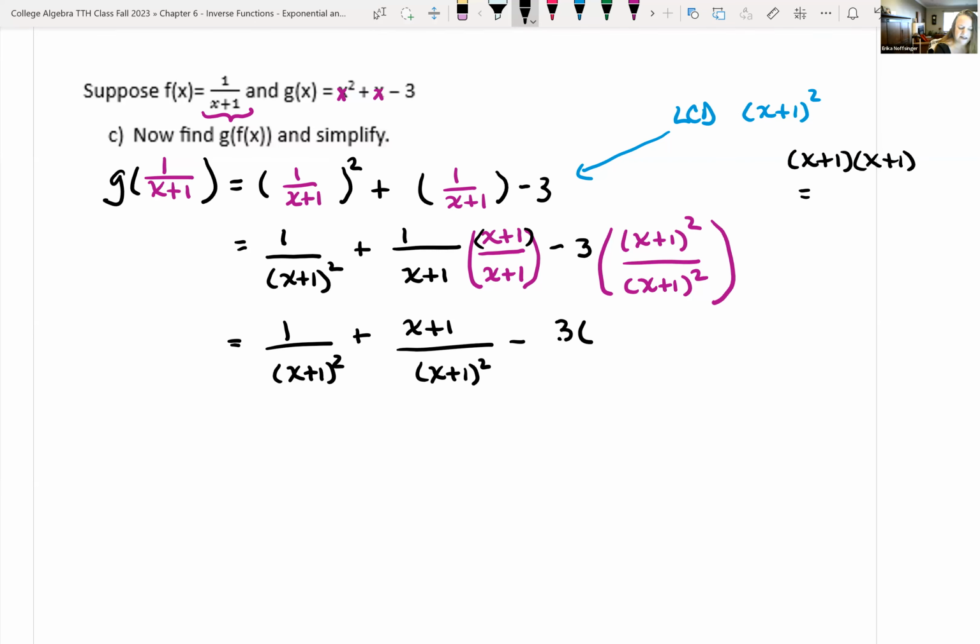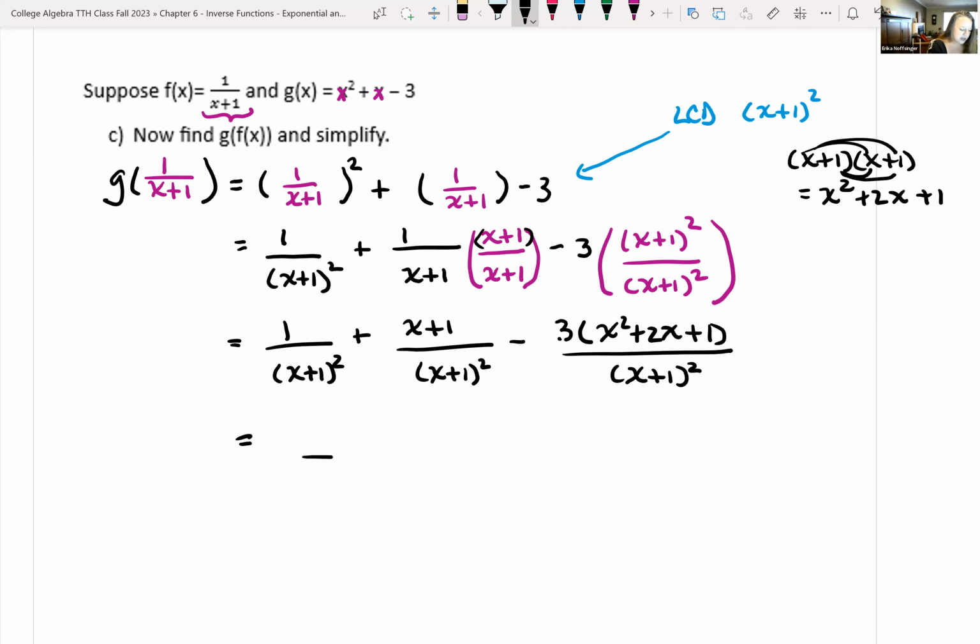If we distribute this out, that would give us x squared, a 1x plus a 1x, so plus 2x, and then a 1 times 1, so plus 1. So this is x squared plus 2x plus 1, all over our common denominator of x plus 1 quantity squared.